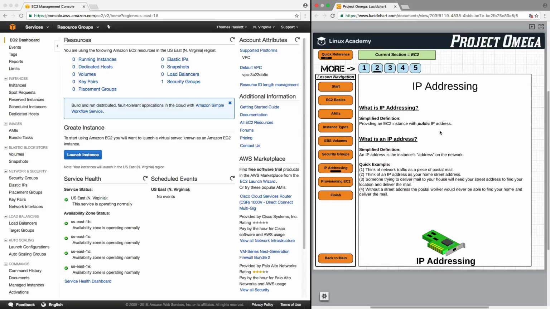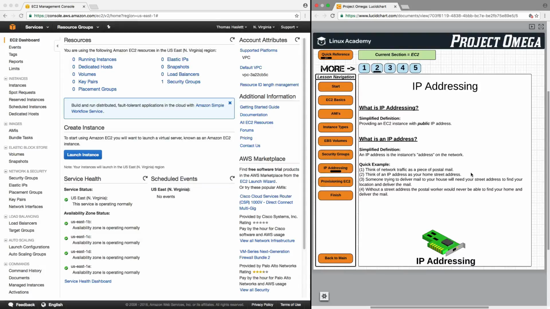Now, if you are somewhat unfamiliar with exactly what an IP address is, let's take a look at a simplified definition of that. An IP address is the instance's address on the network. A quick example of this: think of network traffic as a piece of postal mail, and think of an IP address as your home street address.